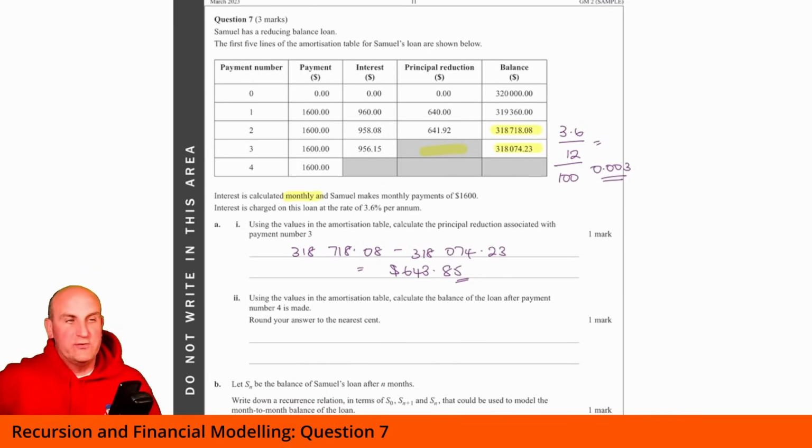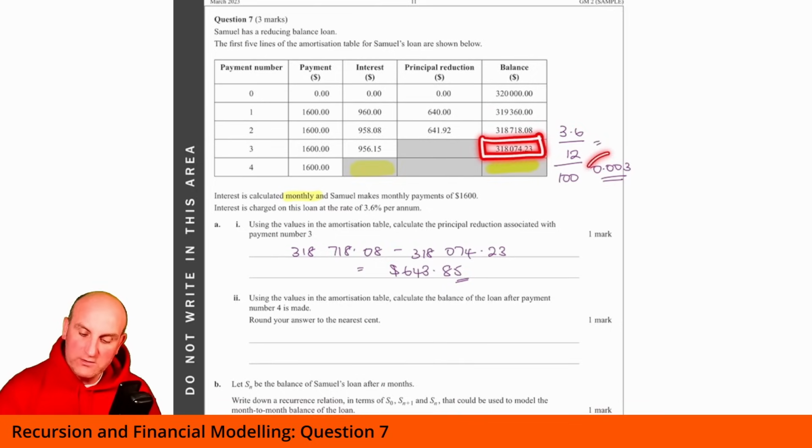Using the values in the amortization table, calculate the balance of the loan after payment number 4. Right, so what does it want me to try and find there? Well, effectively, it wants me to find this value here. Well, to do that, I've got to do 2 things. One, I've got to find out my rate of interest, and that's where my multiplier comes in. Because I know if I take the previous balance and multiply it by my interest rate, it's going to give me this value in here.